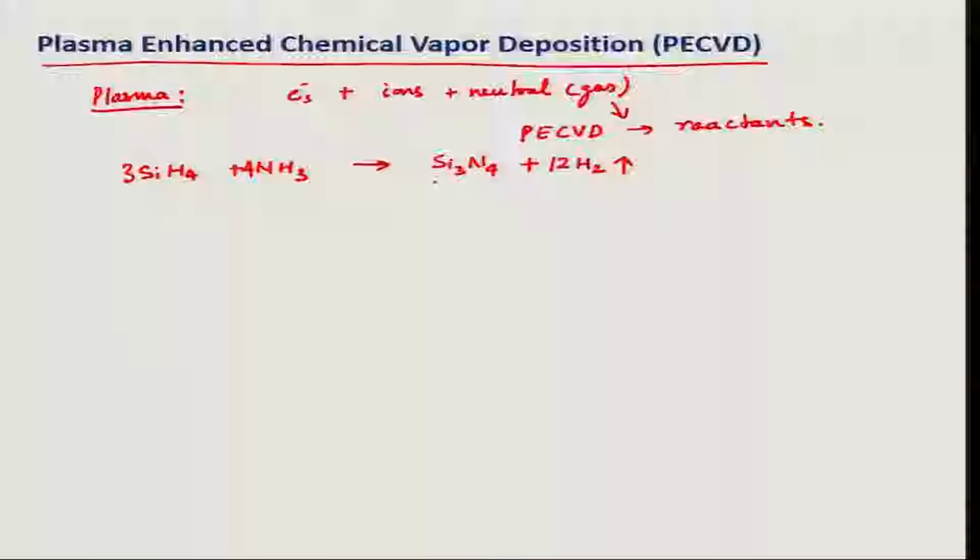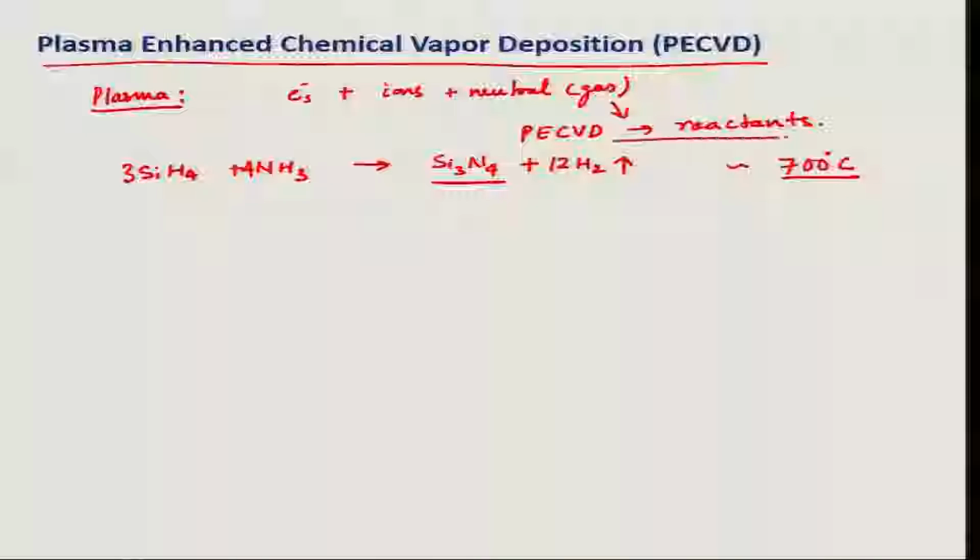So, this is my thin film deposition of silicon nitride, and this is around 700 degrees C. You need temperature as per the thermodynamics of this reaction for this reaction to proceed.